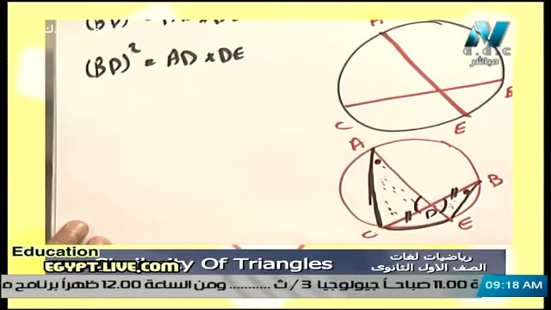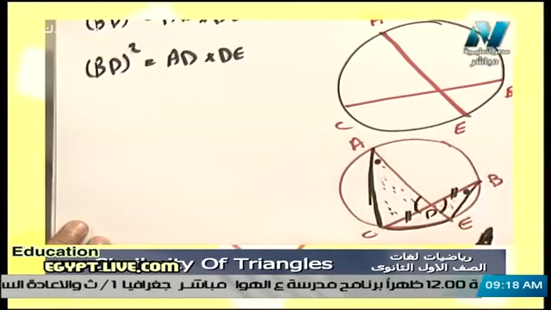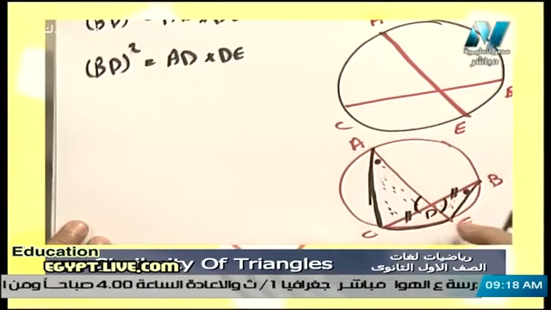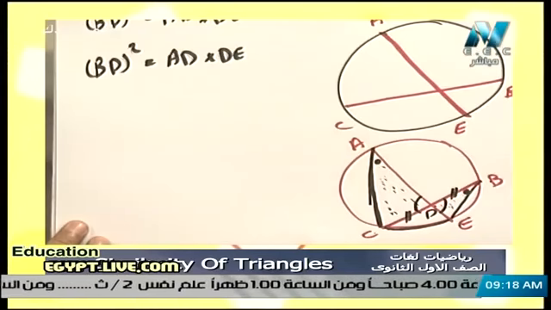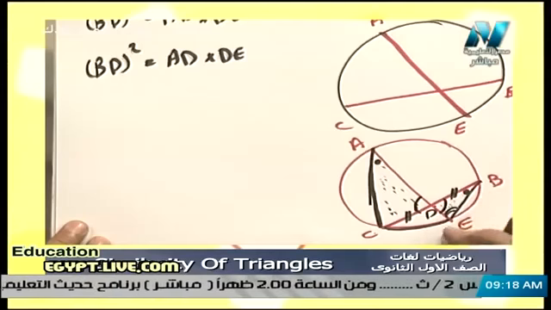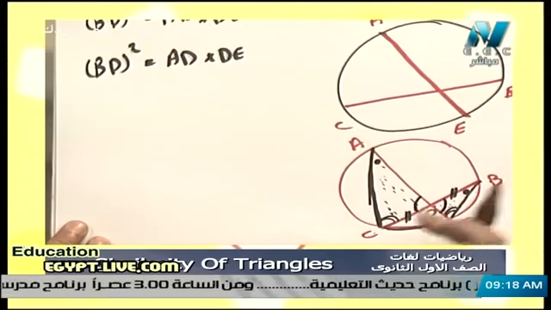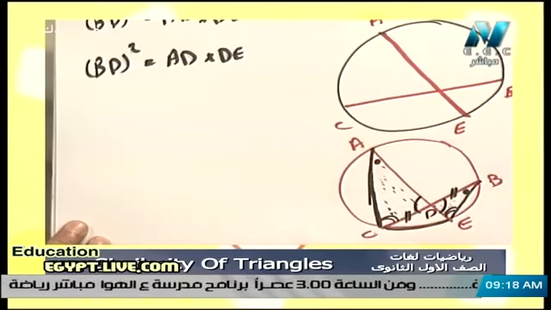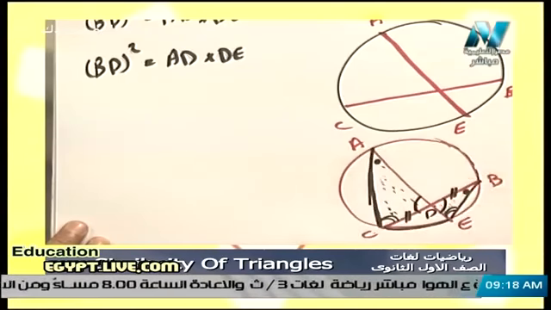So we have here measure angle EBD equals measure angle CAD and measure angle BDE equals measure angle ADC, vertical opposite angles. And also if we want to talk about the angle BEA, it's also equal to measure angle BCA, inscribed angle to the same chord, same arc BA.